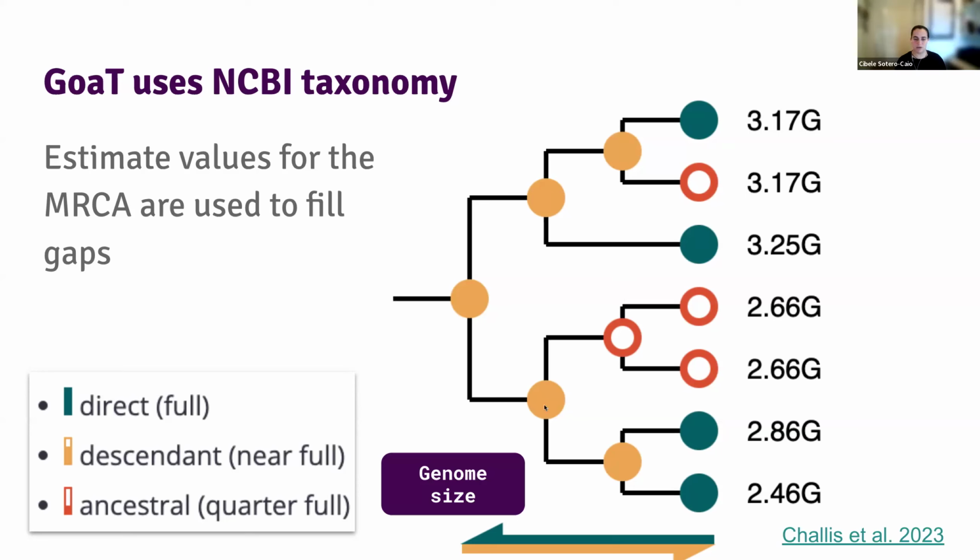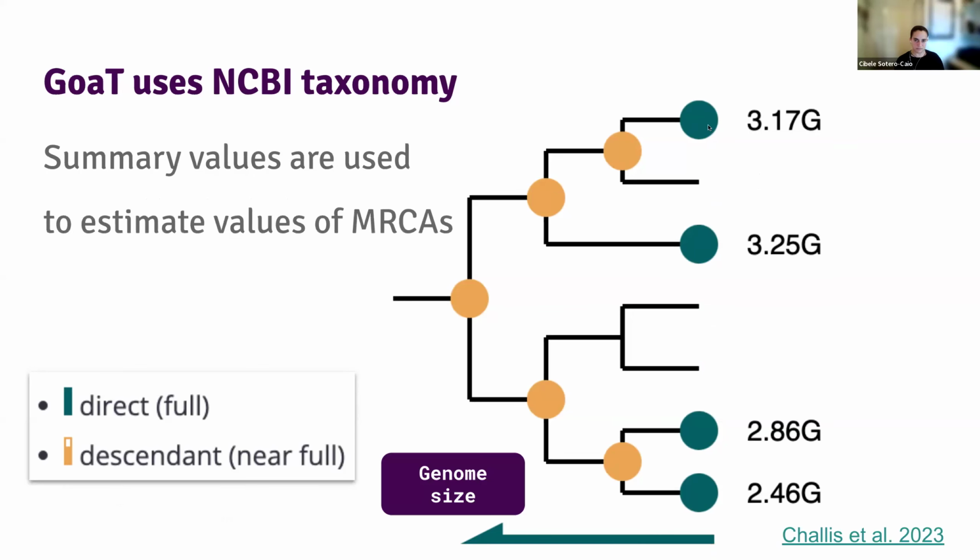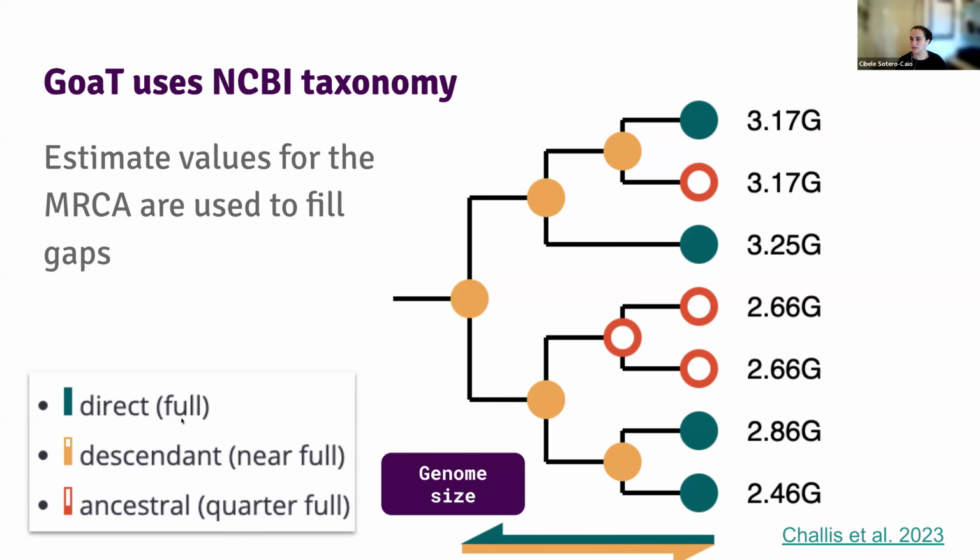What it did was it went back, populated all of these values, and then it returned and populated with the median all of these possible estimates. So in a sense, you get a color code for how reliable the data is for a taxon. But also on GOAT, you can actually see how far back the estimate is coming from. So if an estimate is coming from the level of genus or family, like this one, it is not as bad as if it had to come all the way from, I don't know, phylum to fill up that value.